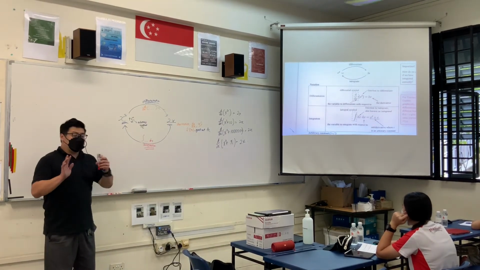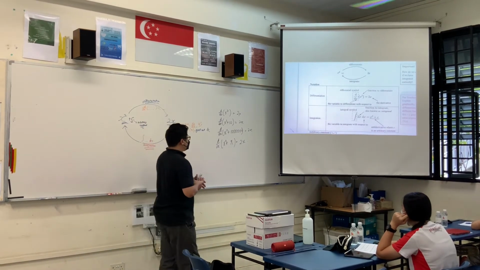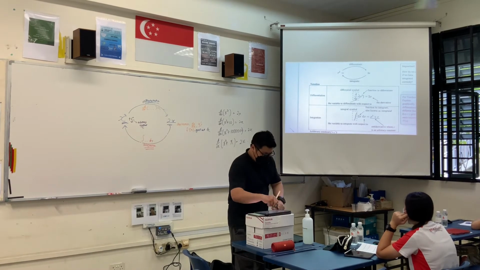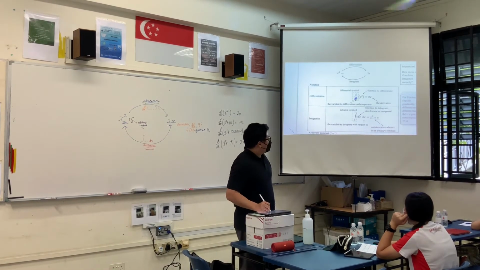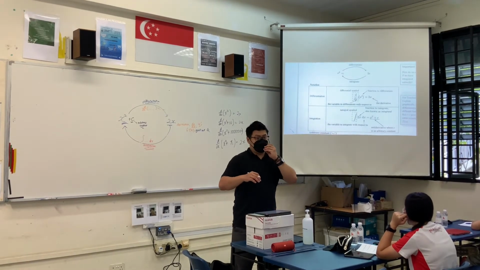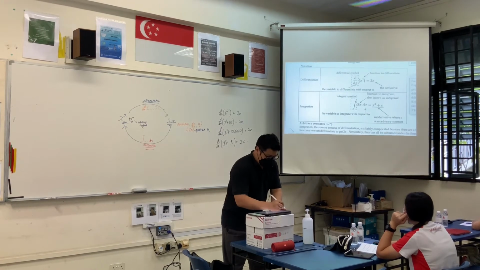Just some notation. Typically, how we write differentiation is dx, which stands for differentiate with respect to. In integration, how we signify that we are integrating is this curly sign.